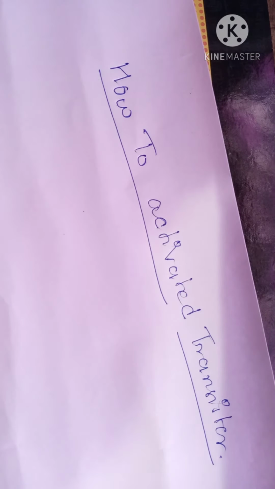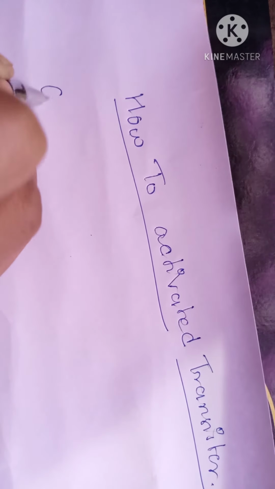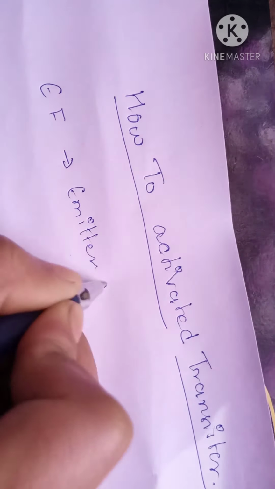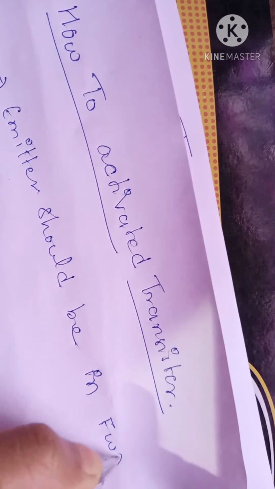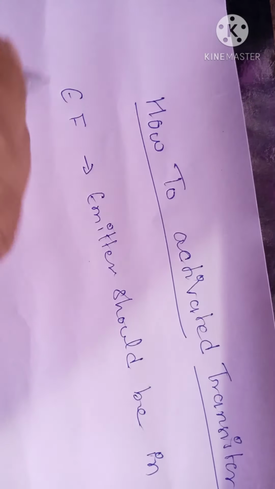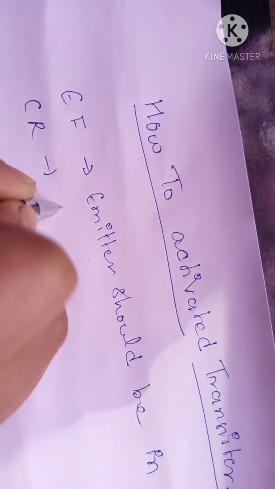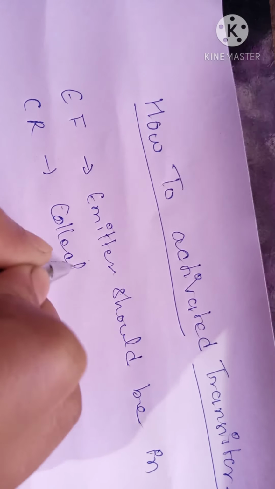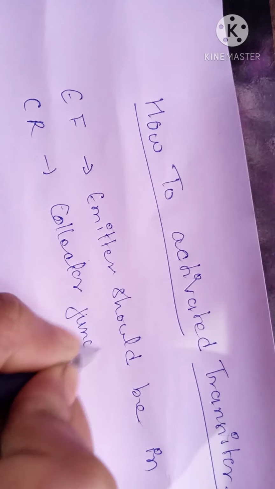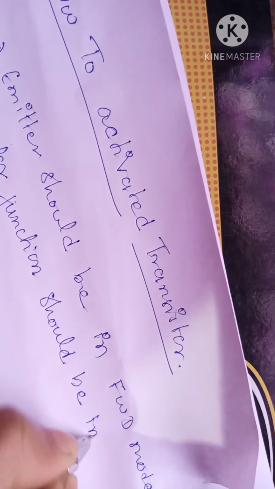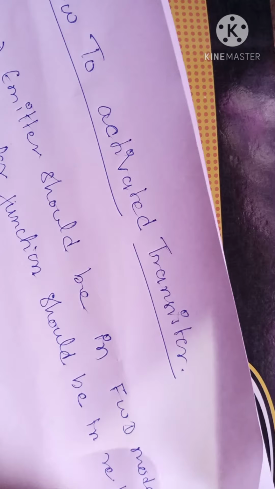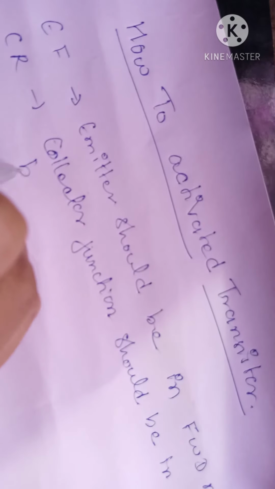To activate the transistor, the emitter junction should be in forward bias mode, and the collector junction should be in reverse bias mode.